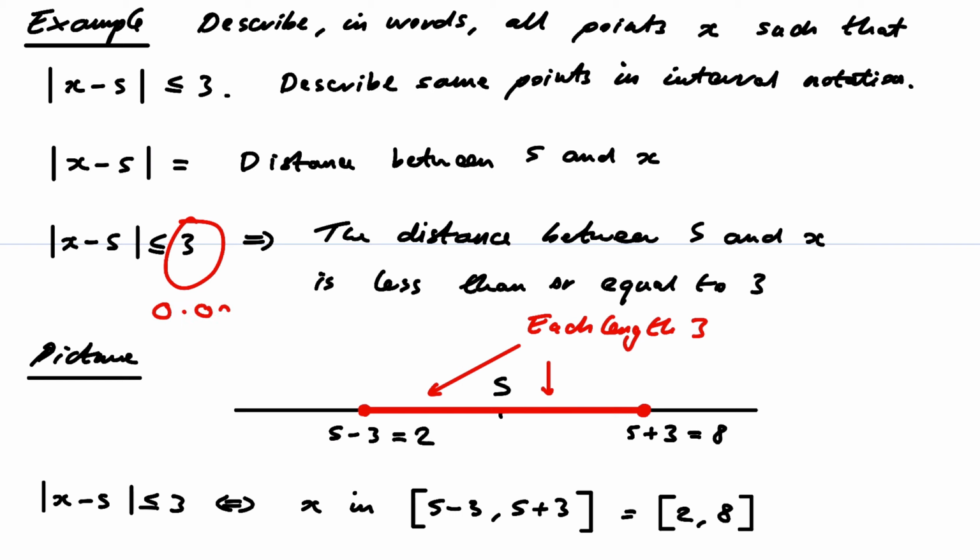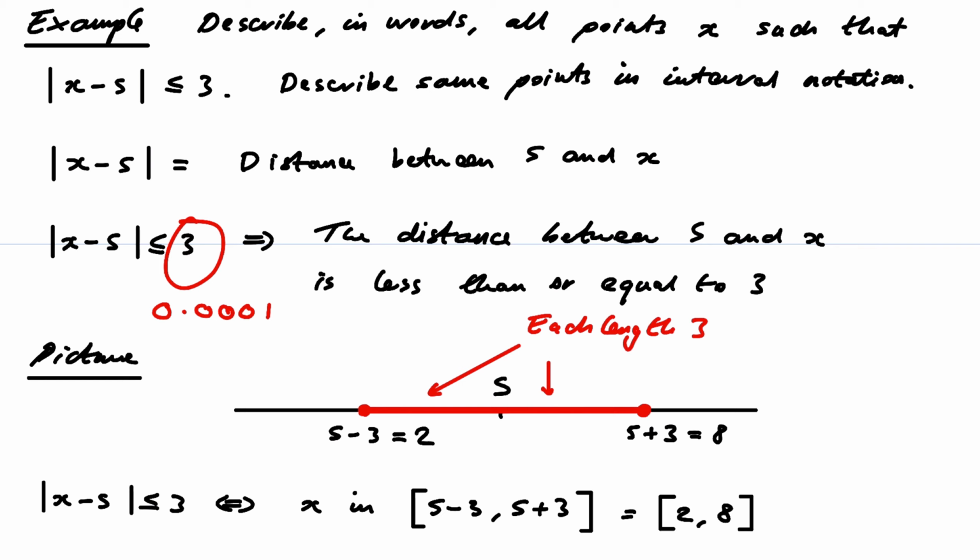If I replace this with 0.0001, then it's going to be the same deal, but my intervals are going to be much closer in to 5, right? So I'm going to be really tight in. This gives me a way of describing positions which are very close to 5. If I choose instead of a 3, 0.0001, I'm going to be within distance 0.0001. So this gives me a way of talking about being close to points.